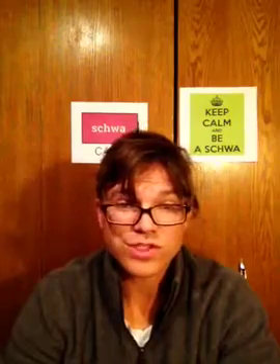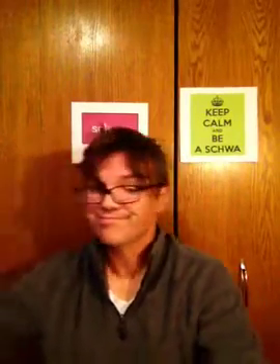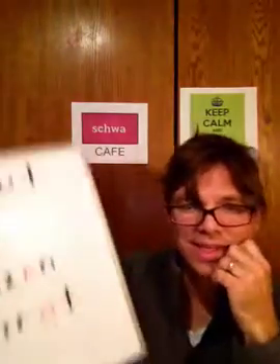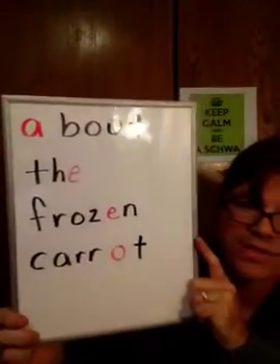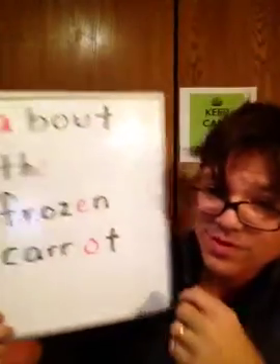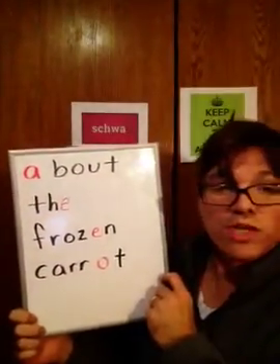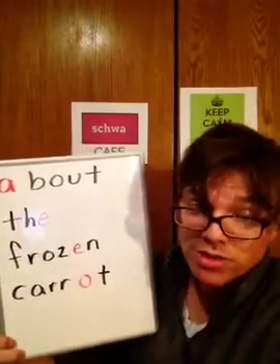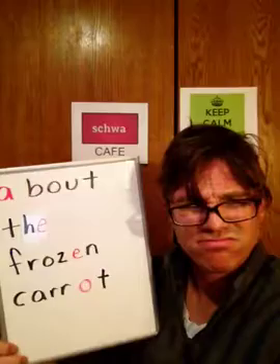Now, let's go over some words. I just happen to have a whiteboard. So I've got 4 words here, and all of these words have a schwa. Are you ready? So, do I say about, like this book is about a dog? Do I say that?